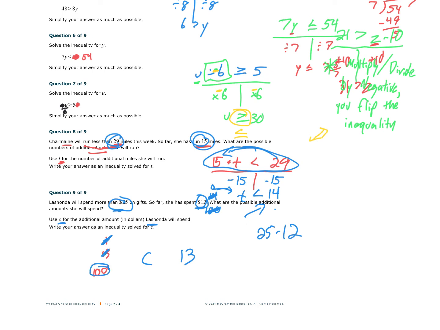Yeah. So whatever inequality symbol I plug in here, it's got to be something where C can be 100, but it cannot be 13 or 1. So C has got to be greater than 13. Okay? Can't be equal to, can't be exactly 13. All right, that's how we do one-step inequalities.